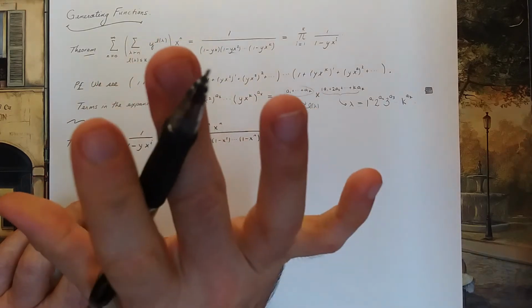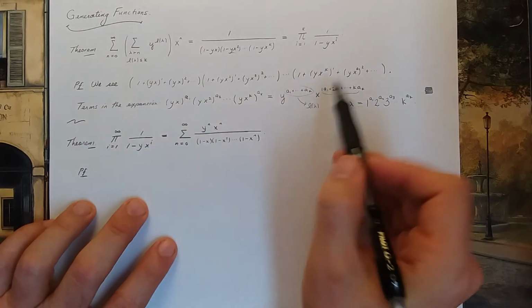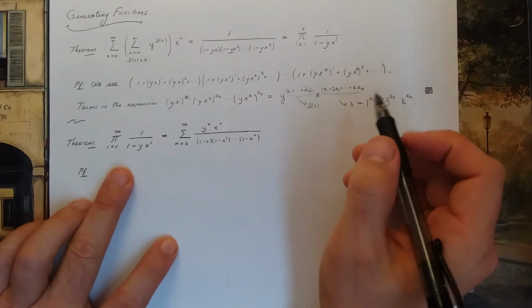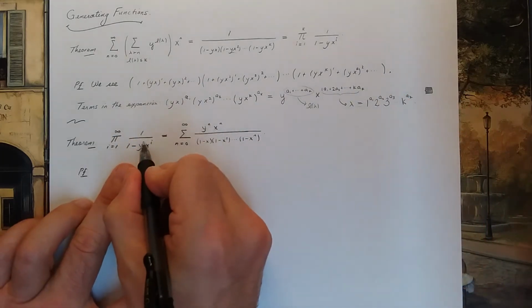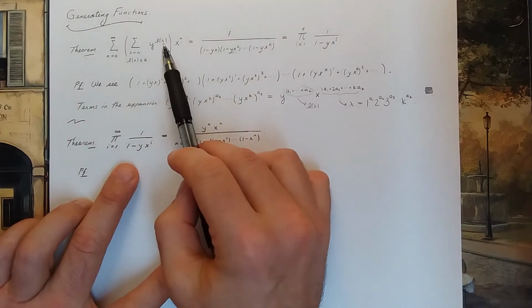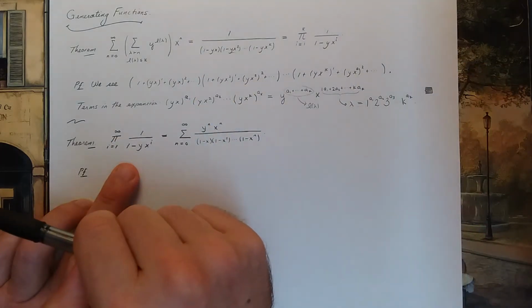The length could be anything, because I'm not going to have this restriction anymore. So the left side counts all possible integer partitions where the power of y gives me the length of the integer partition, and the power of x gives me the size of the integer partition.